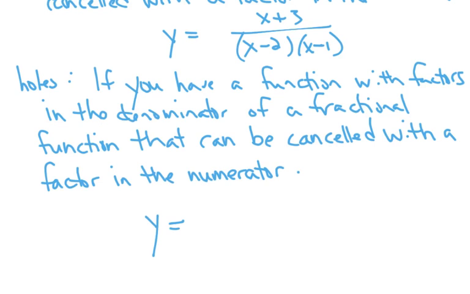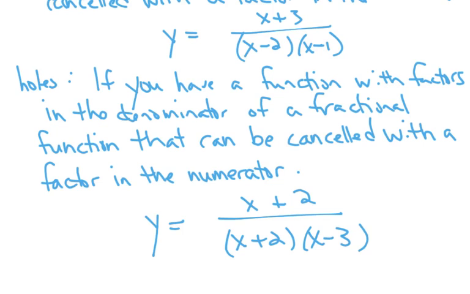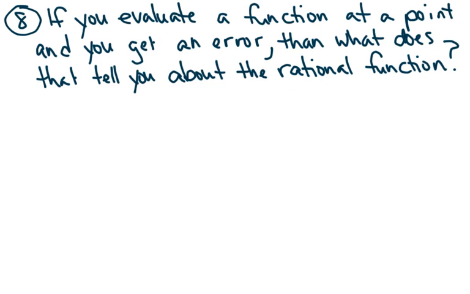So in other words, if you have a function like x plus 2 over x plus 2, x minus 3, because the x plus 2's can be canceled, you will have a hole.